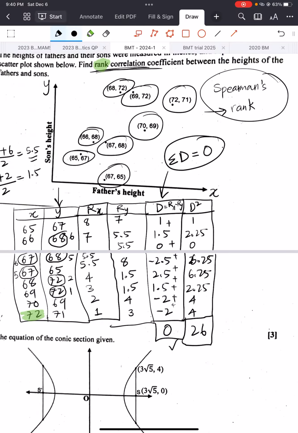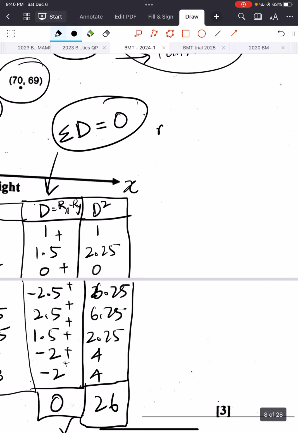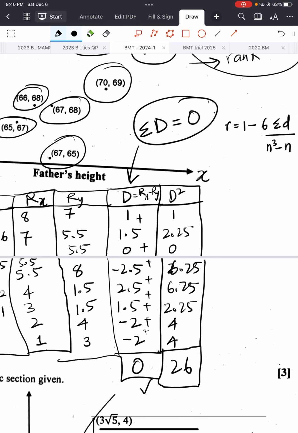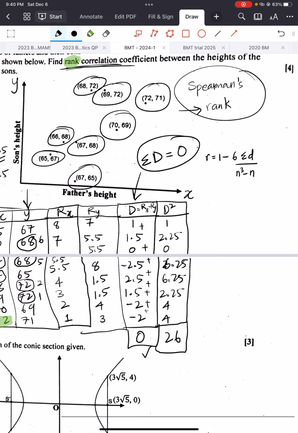So according to Spearman's formula, R is equal to 1 minus 6 summation of D squared over n cubed minus n. This is Spearman's rank correlation formula. However, there are repeating values.